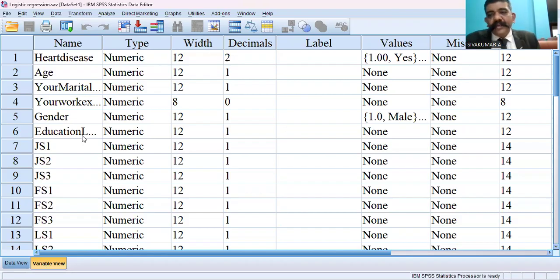It is a question meant only for understanding binary logistic regression, so please do not think about the variables I have taken. It is only for academic purposes. Dependent variable, heart disease. Independent variables, age, work experience, gender, education level. Then JS1, you can take job satisfaction, no problem.